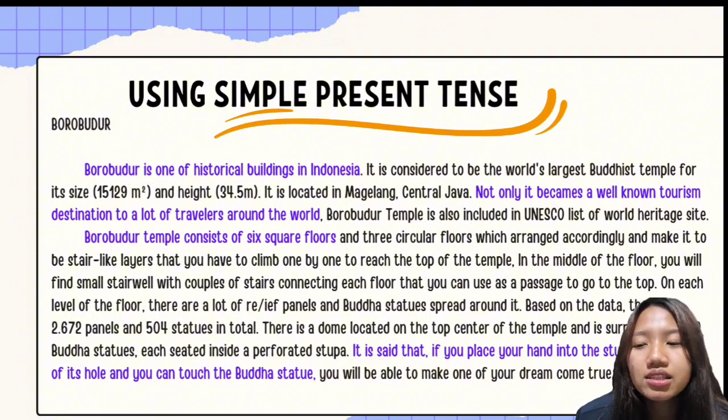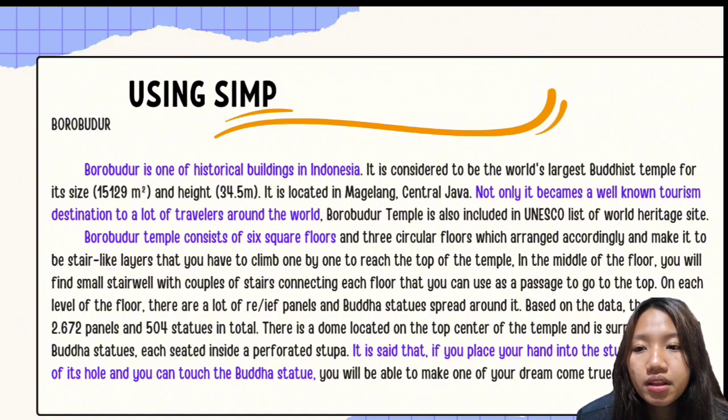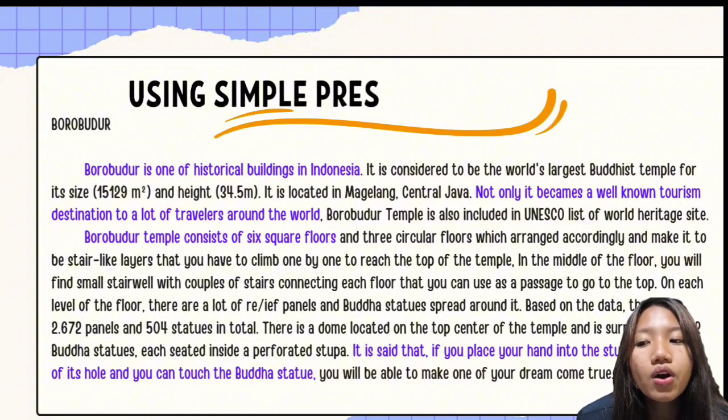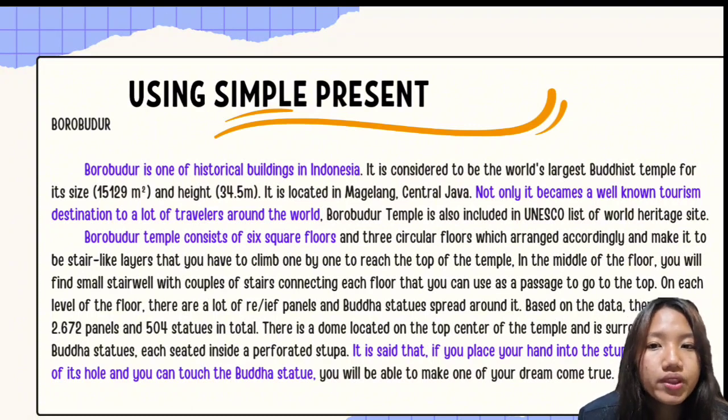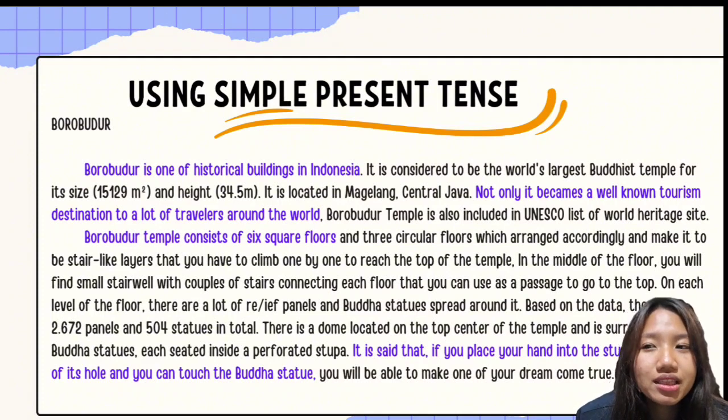And then the next example is Borobudur Temple consists of 6 square floors, and then the next example is it is said that if you place your hand into the stupa through one of its holes, you can touch the Buddha statue. It's all simple present tense.